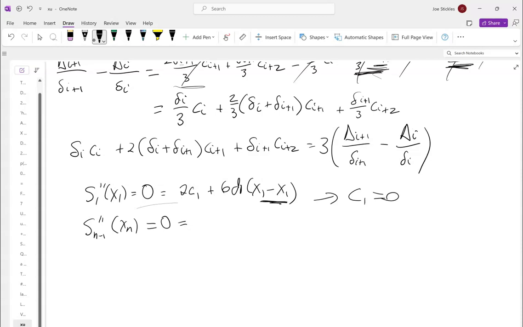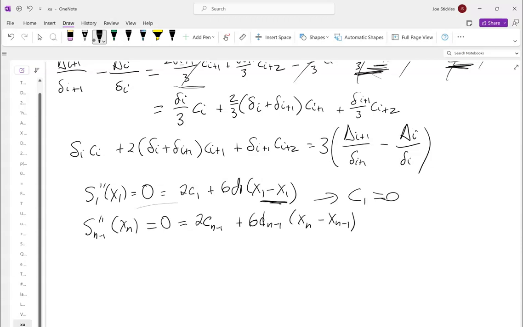We would have 2c sub n minus 1 plus 6d sub n minus 1 times x sub n minus x sub n minus 1. Right? Agree with that? Okay. So what this does is it's going to tell us what the last coefficient has to be as well for the last polynomial.